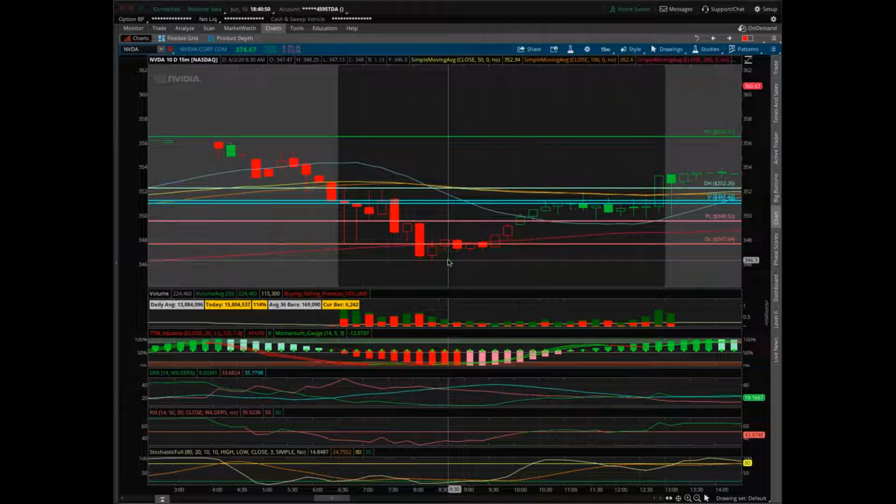But I had told you on the previous one, since you know this is going to be in a range, if you get down towards your day's low, it's probably a good idea to get some calls there, because you know it's going to come back to the mid range at least, because it's choppy.